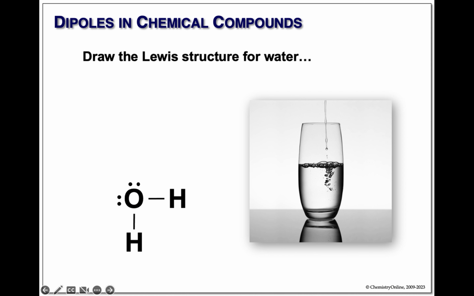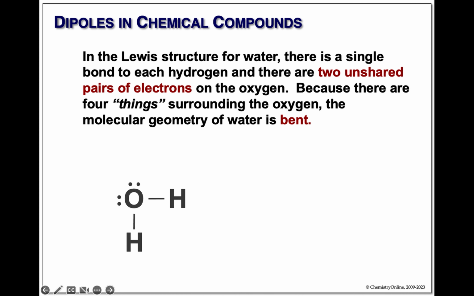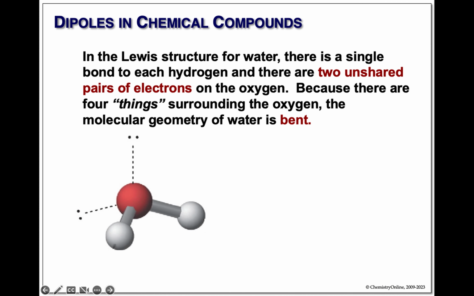We will have two hydrogens on one side, a lone pair of electrons, and another lone pair of electrons. So, water actually in 3D looks like this. We refer to this geometry as being bent.